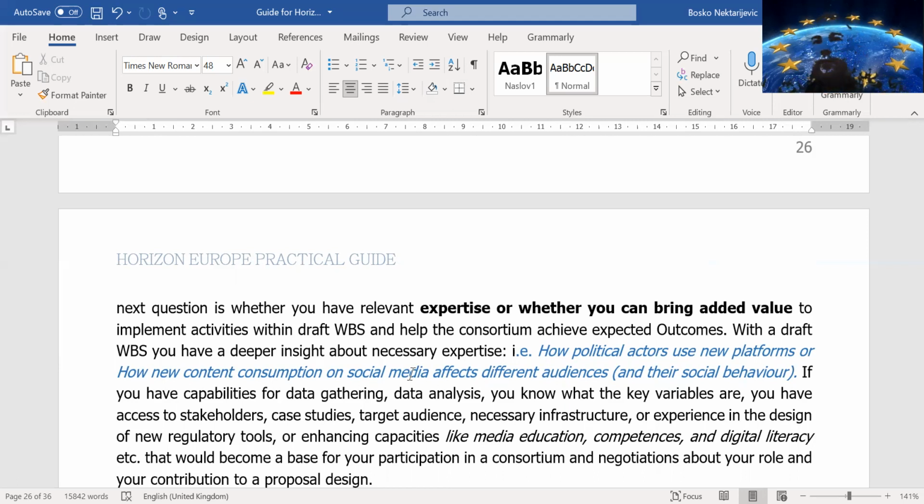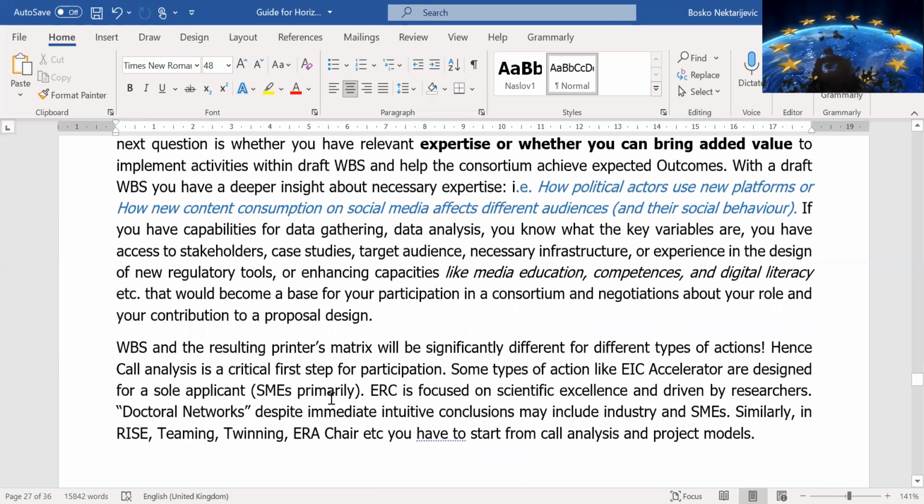So essentially, in an example, you can think whether you have some experience in, I don't know, media education and competencies to increase digital literacy and so on. Based on that, you ought to create what we call a partner's profile, a presentation, and then initiate communication with potential consortium leaders.